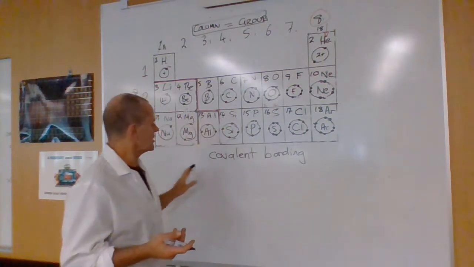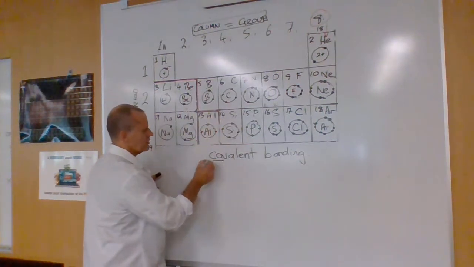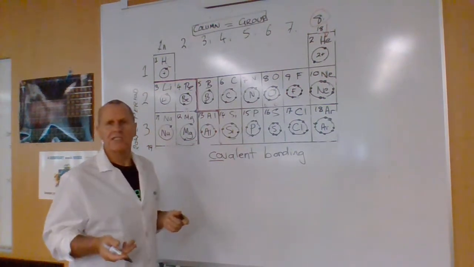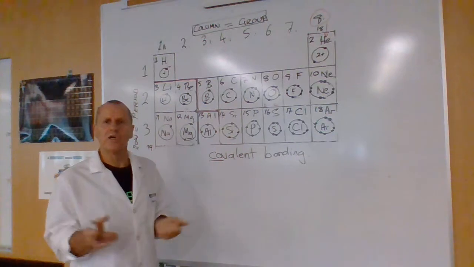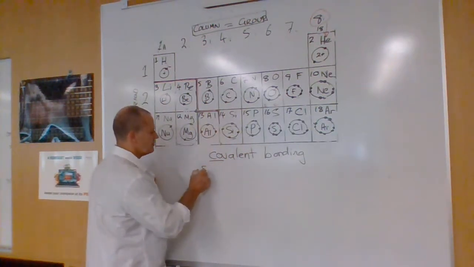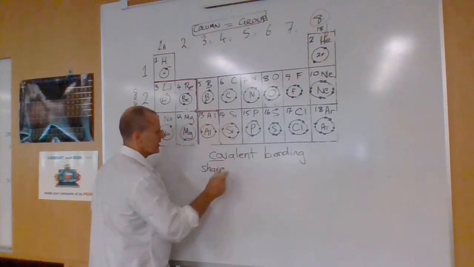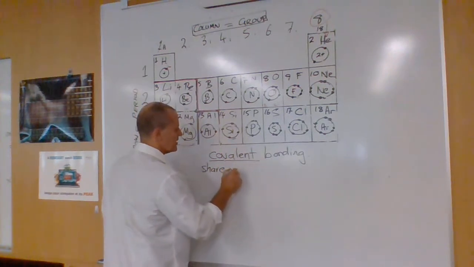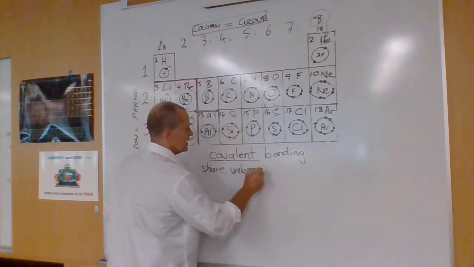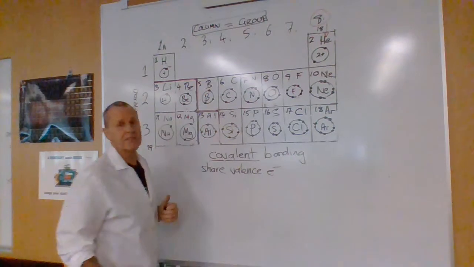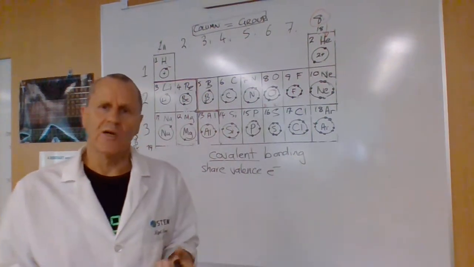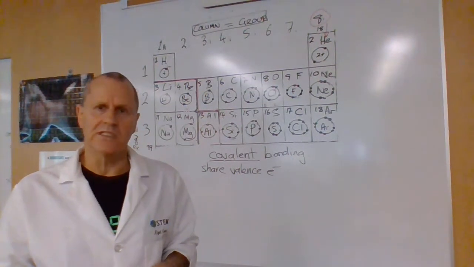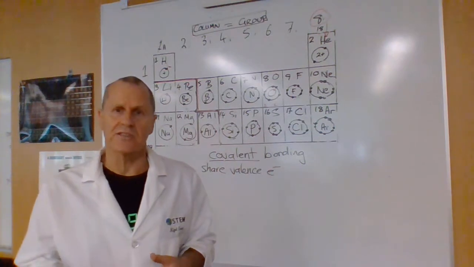So now we're going to look at covalent bonding, and co has indications of doing things together, cooperating, and it's about sharing. And valent is about valence electrons. So these bonds are where 2 non-metals share valence electrons.